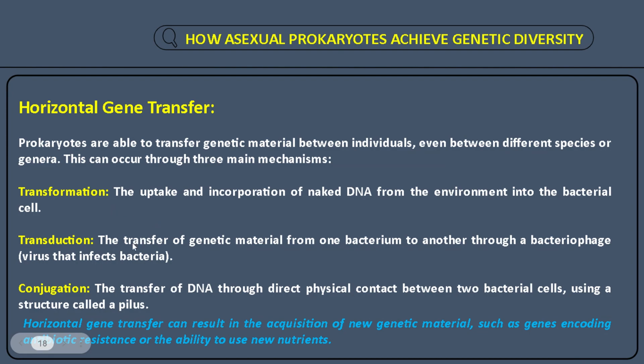In other discussions from researchers, in transformation, bacteria take free DNA from the environment and incorporate it into their genome. In transduction, bacterial viruses called bacteriophages transfer genetic material between bacteria.